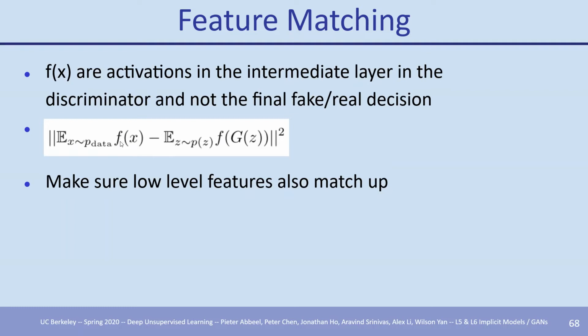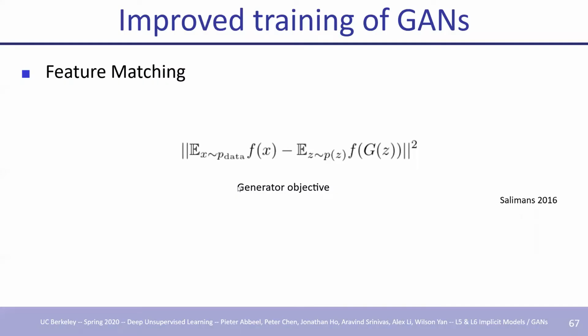So f are the activations, also called features, in the intermediate layers. So instead of the final layer that's classifying it as fake or real, we actually look at the activations one step below. So it's not the final decision. By making sure that the low-level features also match up, the training is improved.